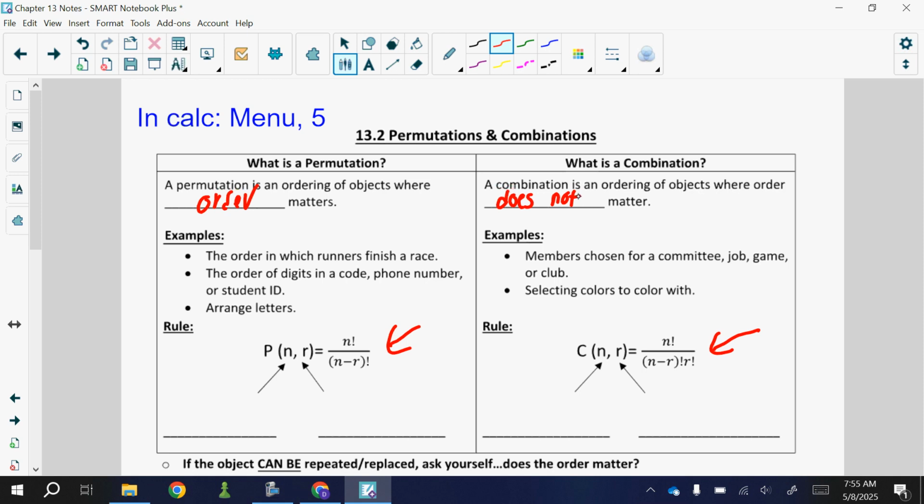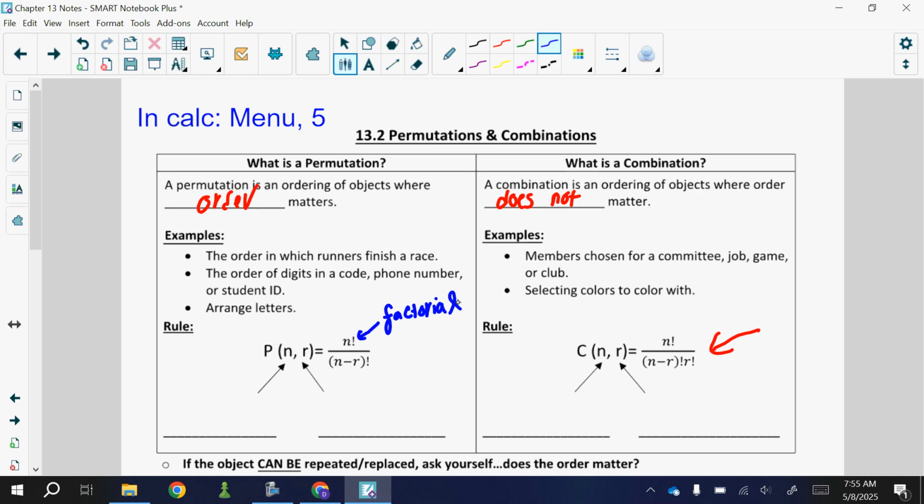For permutations, as you see the rule here, we have P(n, r) equals n factorial over (n minus r) factorial. FYI, since the notes don't say it, this exclamation mark is called a factorial. A factorial is a type of operation, just like multiplication, division, addition, subtraction, those are all operations.